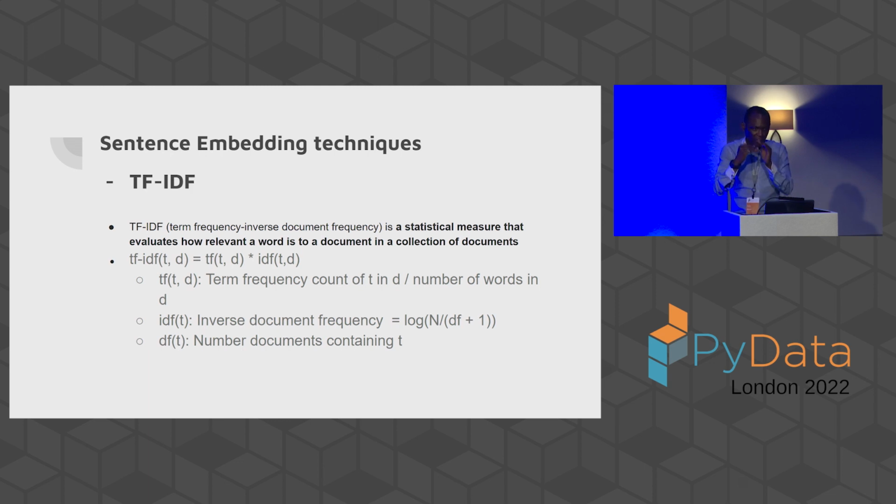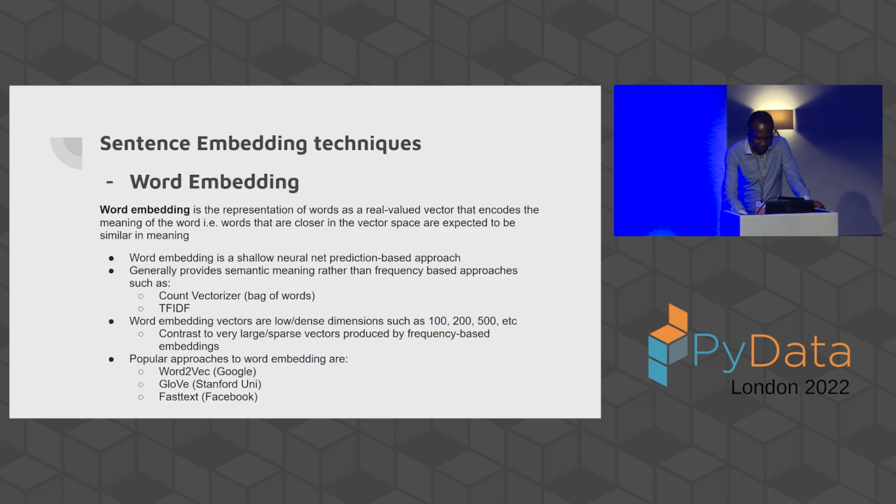When you compare it to the performance I'm seeing with some of the more complex models, TF-IDF still has a role to play. Then we moved on to word embedding, which I think was a game changer. This is the first time you can actually start to see real semantics in words.